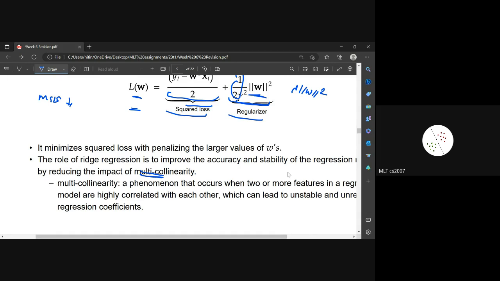And sir has given an example: assume you have some features x1, x2, and some other feature x3, and the feature is related to x2 and x1, something like x2 plus x1, and then we have some labels, and now we are learning our model using these three features. Now this is a redundant feature, because if you learn some weight W3 for X3, it can again be written as some combination of features X2 and X1, and this is some redundancy we have added into the model. Such redundancy can be reduced by reducing the magnitude of the weight vector.